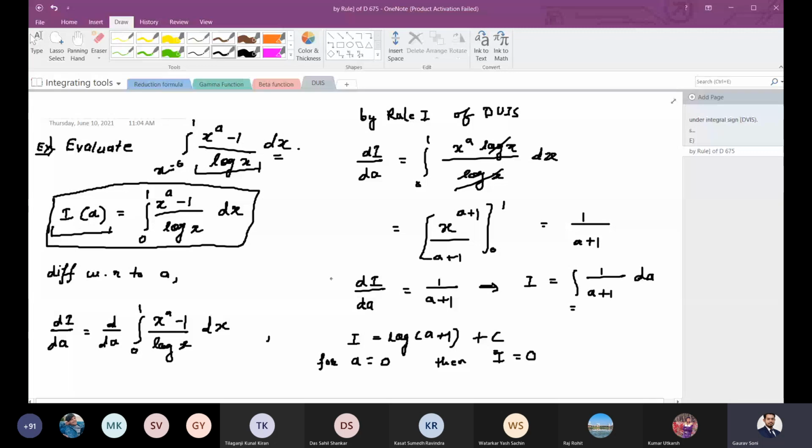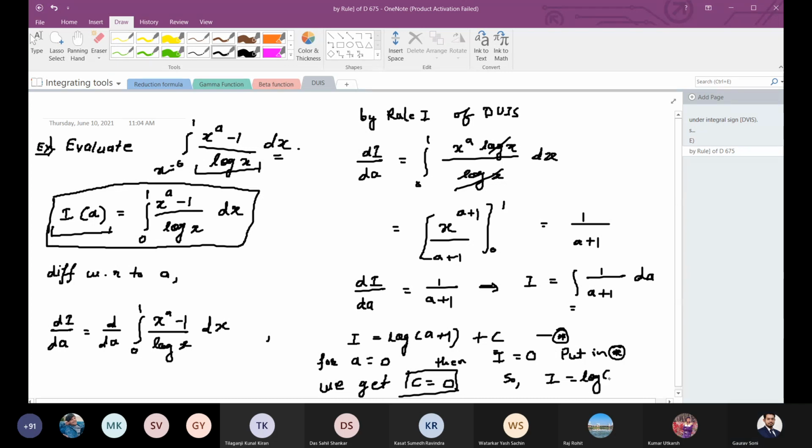So we'll put this in this equation, in star. We get 0 equal to c, and so the value of I has to be log of a plus 1.